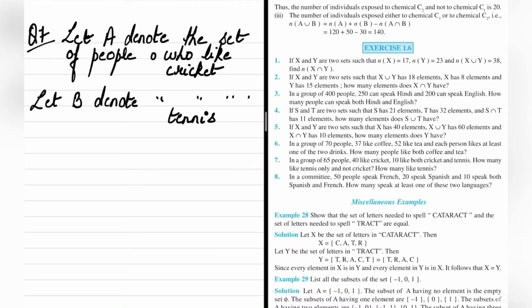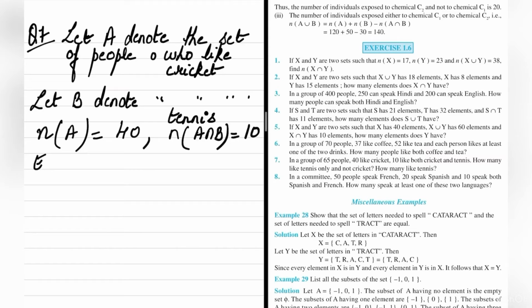Now what is given to you? It is given that the number of elements in A is 40, and the number of elements in the intersection is 10, like both cricket and tennis. There are 65 people. Again, one line is missing here: each person likes at least one of the two games.